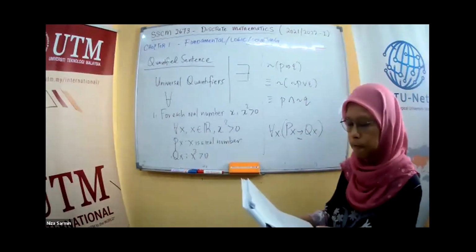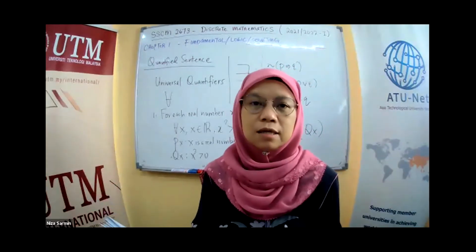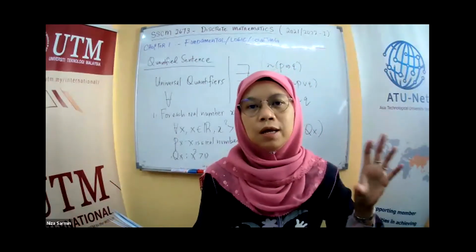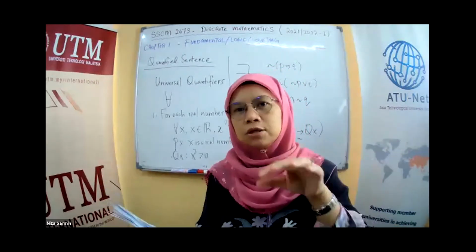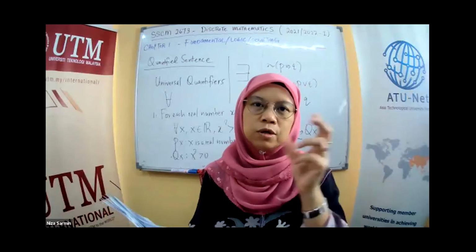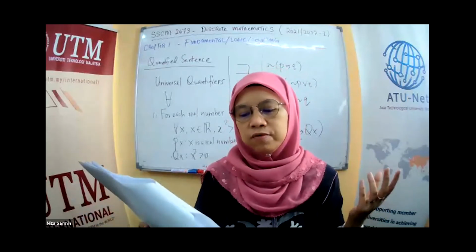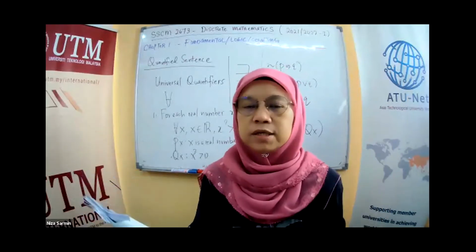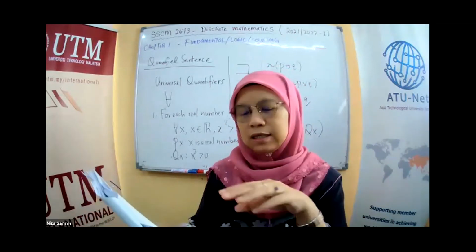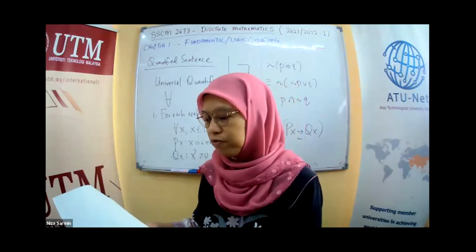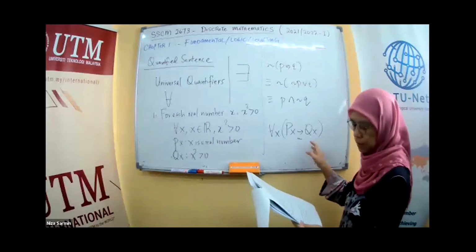For example, just now example 112, for each real number x, x squared bigger than 0. So you let Px, x is a real number, Qx, x squared bigger than 0. So for all real number, x squared bigger than 0. All cats have fur, so you have Cx, x is a cat, Fx, x has fur. For all x, Cx implies Fx. So in all of these examples, it is for all x, Px implies Qx.